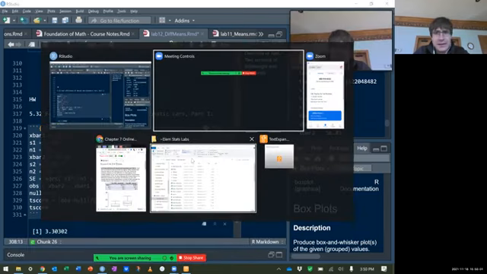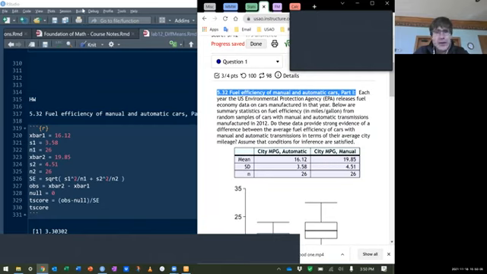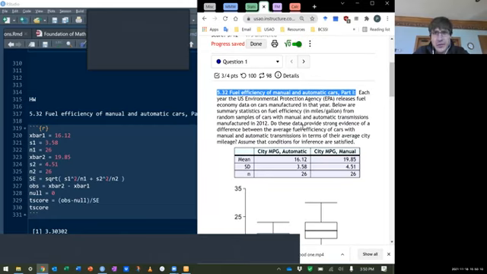Same idea. Once you do this, you can reuse your code to make your life easier. The first question in the homework looks at the difference between mileage of automatic and manual cars. All the cars were manufactured in 2016.